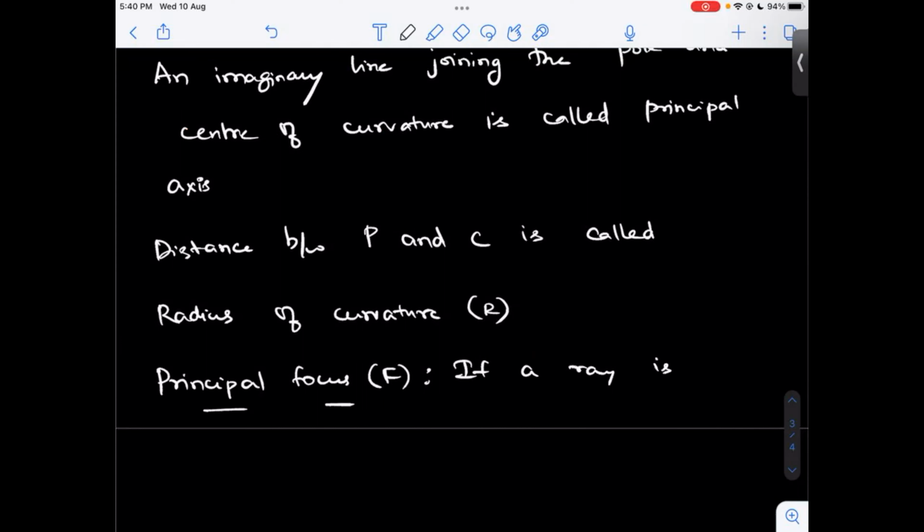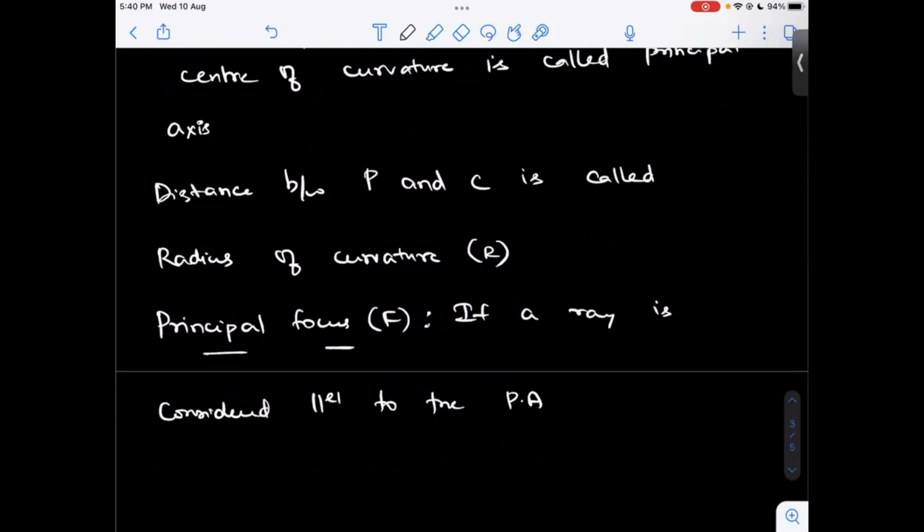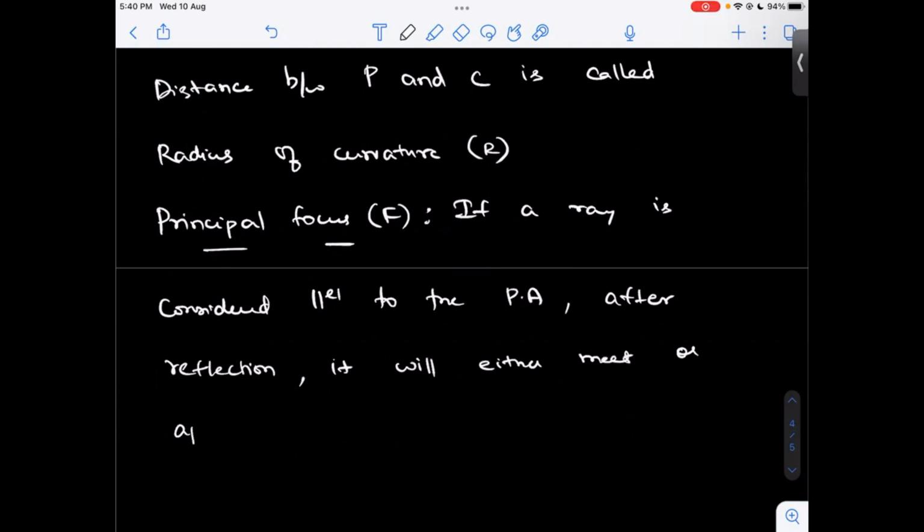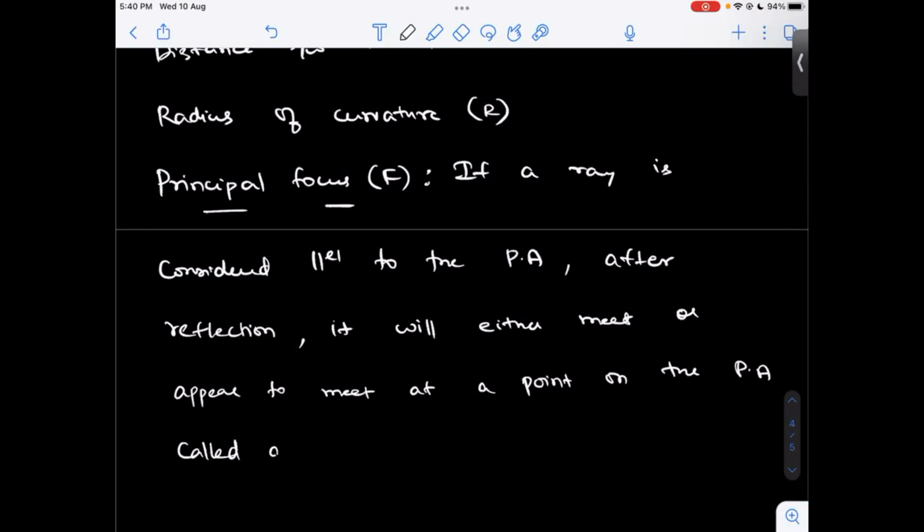If a ray is considered parallel to the principal axis, after reflection, it will either meet or appear to meet at a point on the principal axis called the focus.